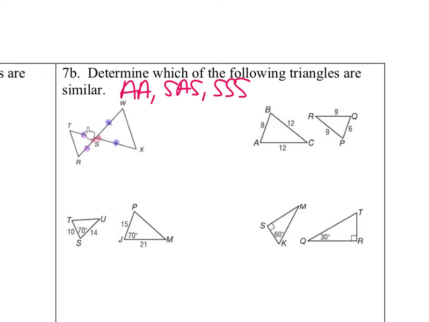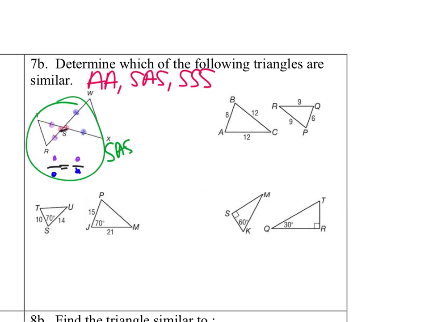Since I know these two sides are congruent to each other and these two sides are congruent to each other, then purple over blue would equal purple over blue. So we have proportional sides and we have a set of congruent angles. So this is a perfect candidate for side-angle-side similarity.